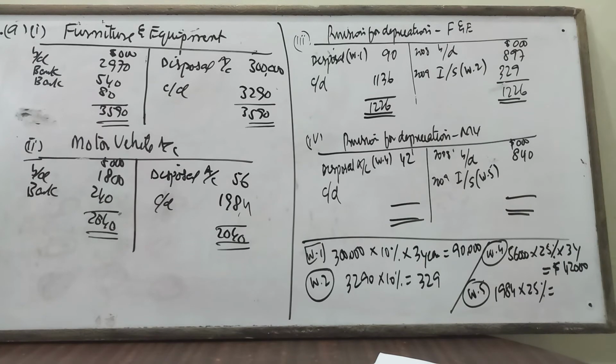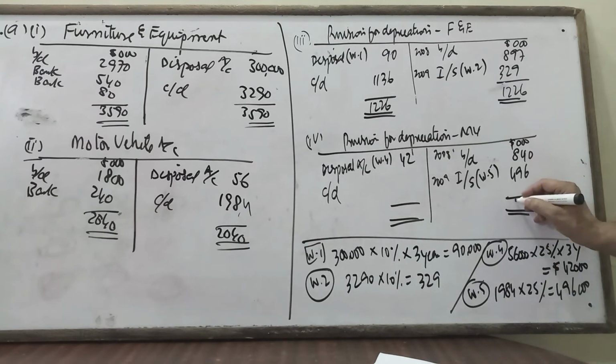So 1984 multiplied by 25% is 496,000. So the depreciation charge in the income statement is 496,000 for motor vehicle.